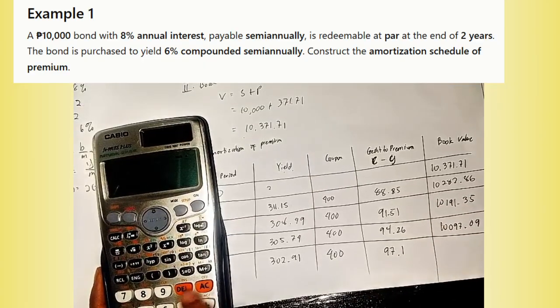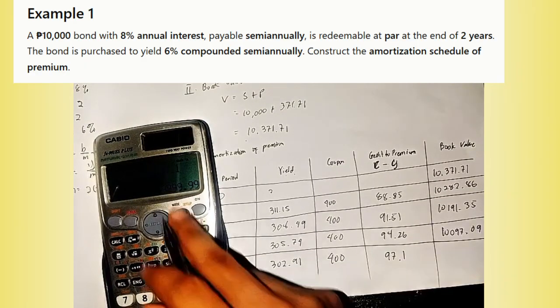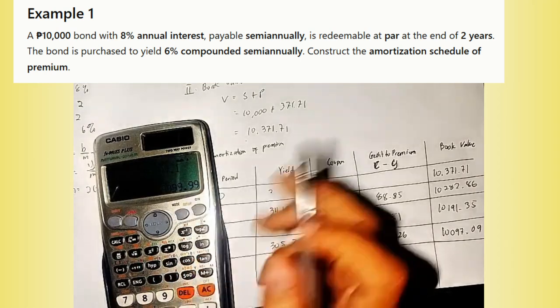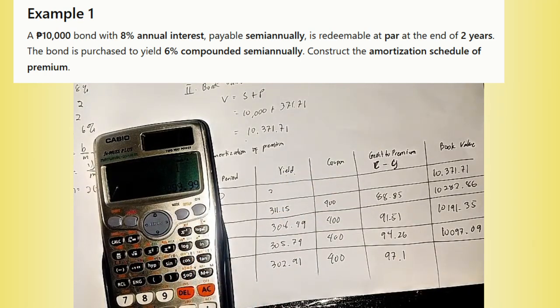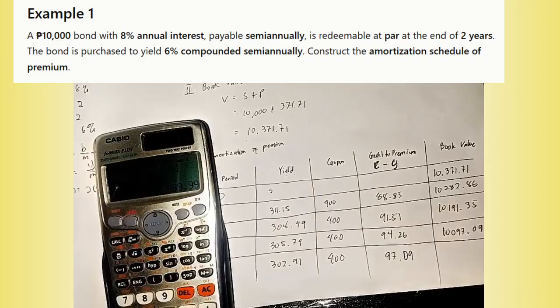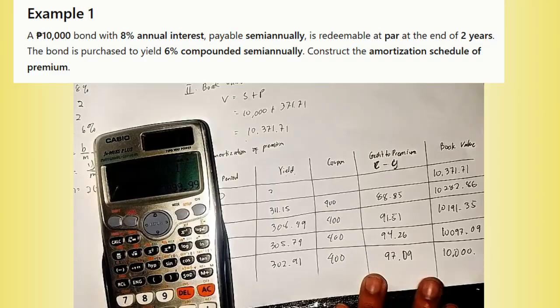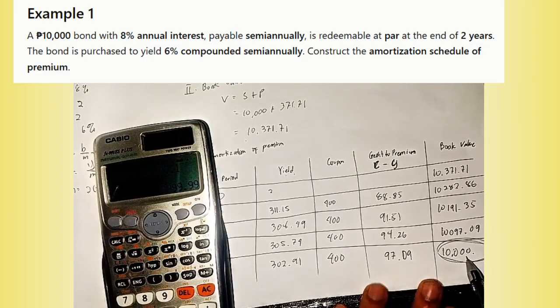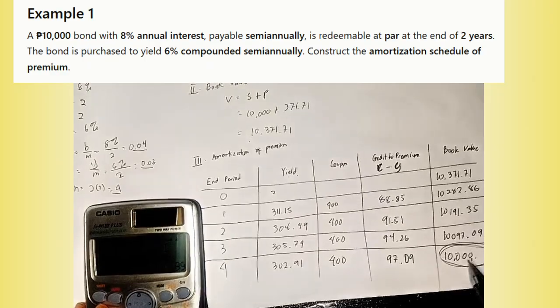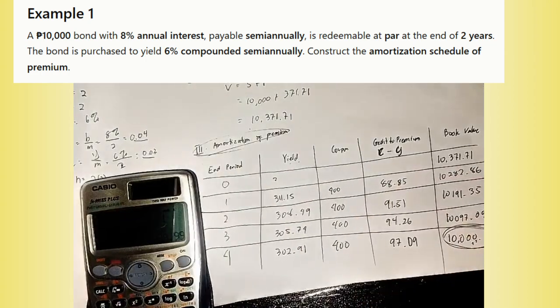Now 10,097.09 minus 97.09 gives 10,000, or 9,999.99 if rounded differently. So it goes back to the original redemption value, which is 10,000. This is how to construct an amortization of premium table.